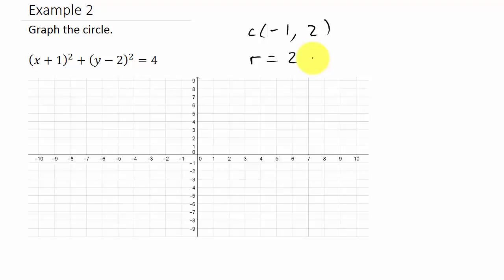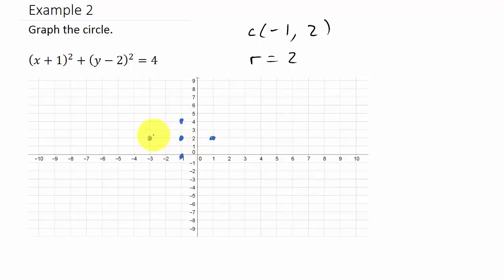And so I just plot my center, which is (-1, 2). And then I'll go to the right 2, 1, 2. To the left 2, 1, 2. Up 2, 1, 2. And down 2, 1, 2.